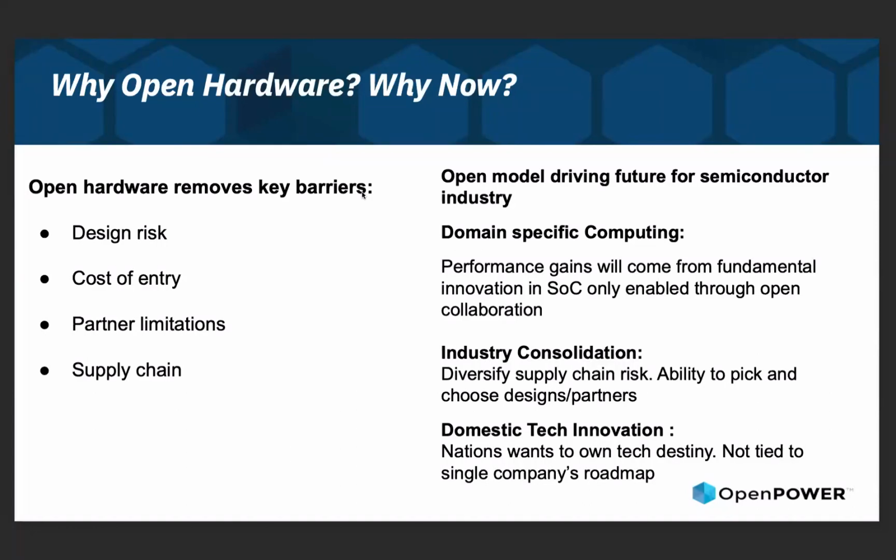Supply chain is a really big issue right now in semiconductor. And all this is really being driven by the focus on domain-specific computing. Performance gains will come from fundamental changes in the SoC design and enablement, and also the real focus on domestic tech innovation. The CHIPS Act is really big, lots of money in that. People are trying to go after basically owning their own destiny. And OpenPOWER has a very big part to play in that.